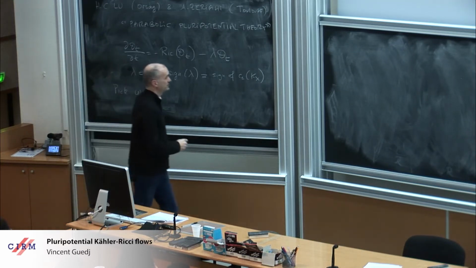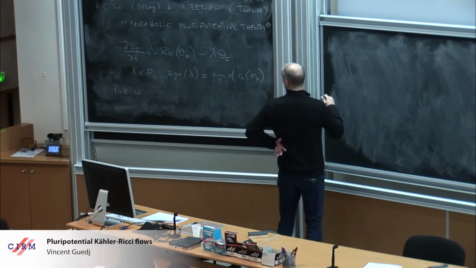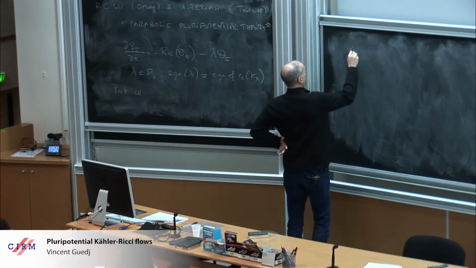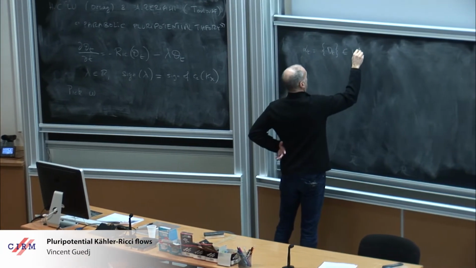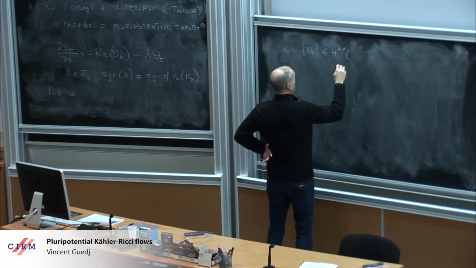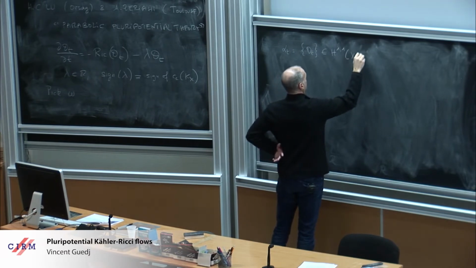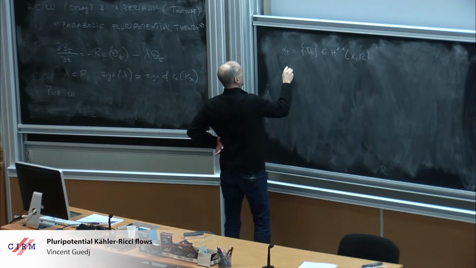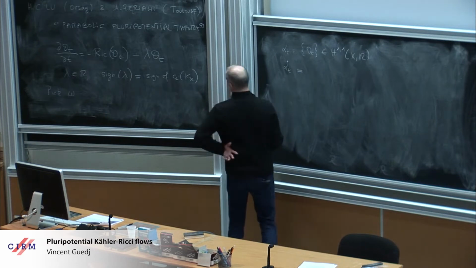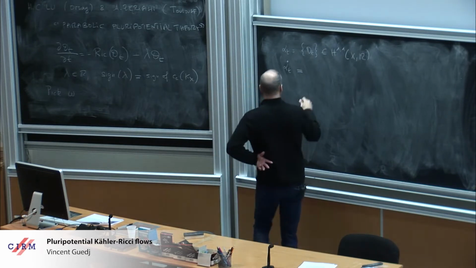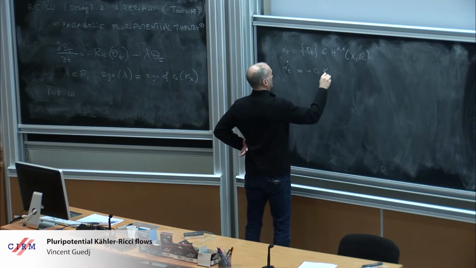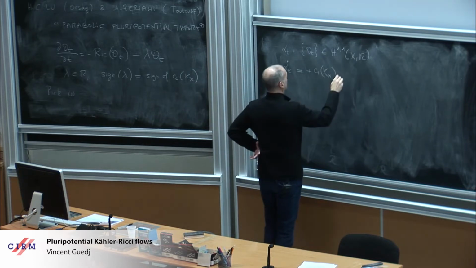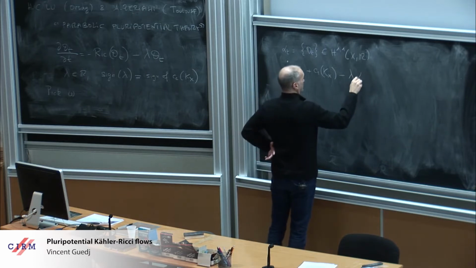So maybe I should write here that at the level of cohomology classes, if you write alpha t, which is the cohomology class of those Kähler forms theta t, then alpha t dot solves a very simple ODE, namely that alpha t dot is given by this.